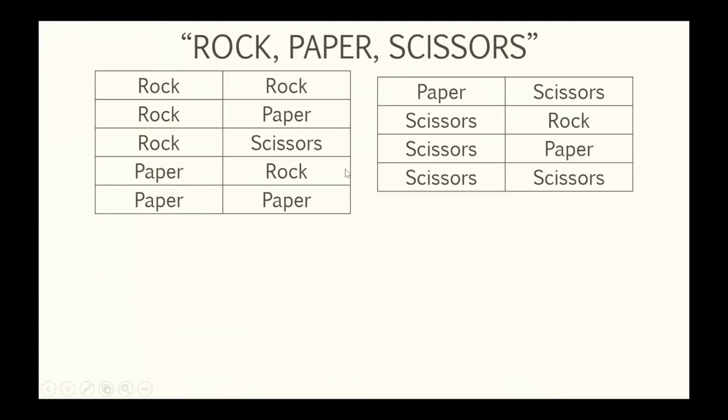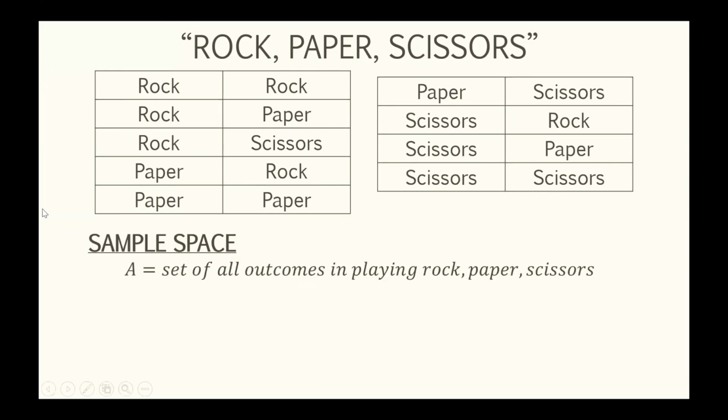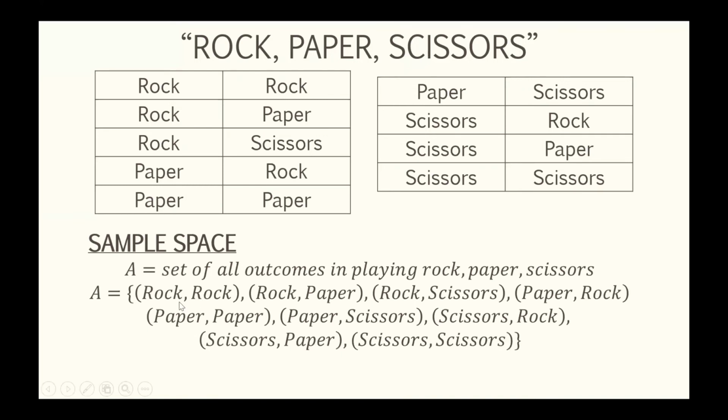So here we have rock, rock, rock, paper, and so on and so forth until scissors, scissors. We can write the sample space as a set. Let's say the name of the set of all the outcomes in playing rock, paper, scissors is set A. So you can write the sample space as A is equal to, we have here the braces.